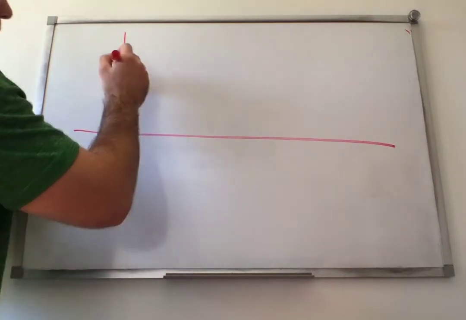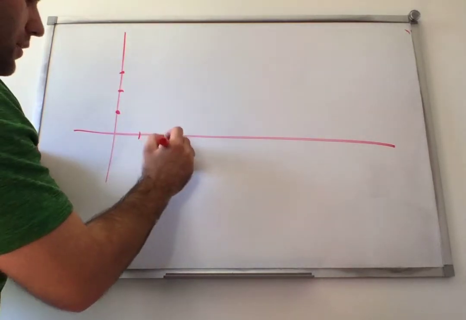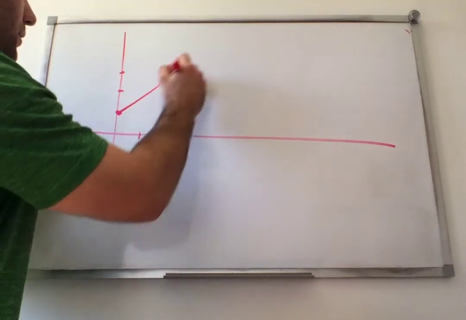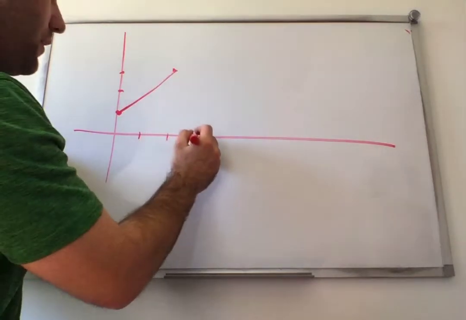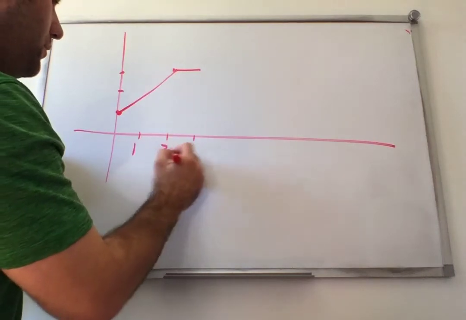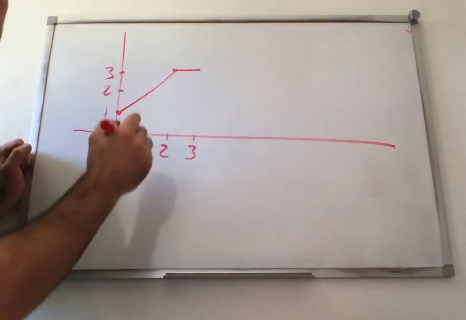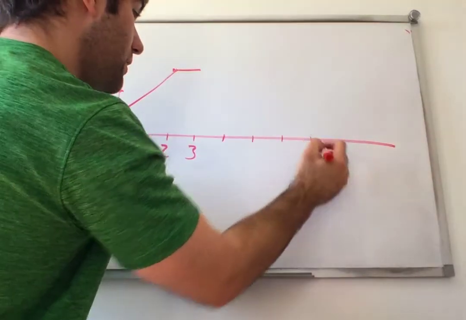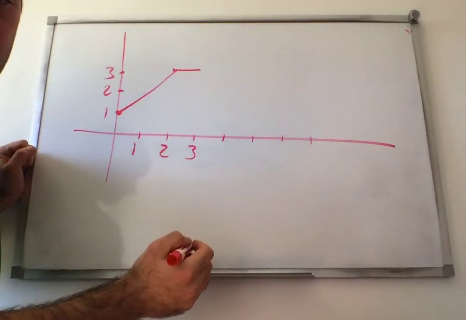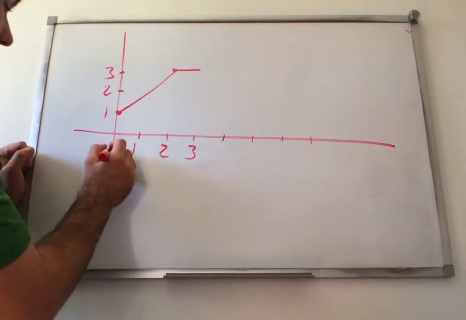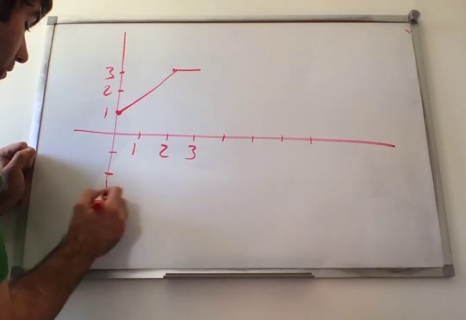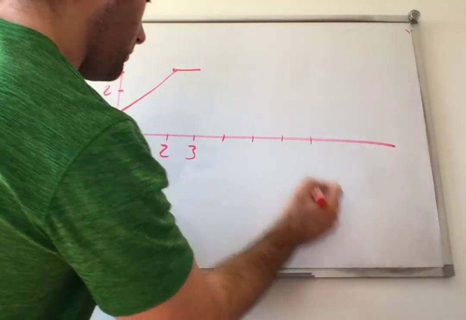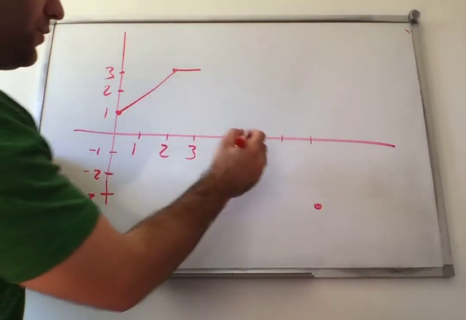At 7 it is at -3, and it passes through -5.